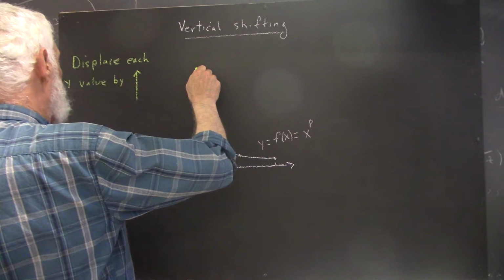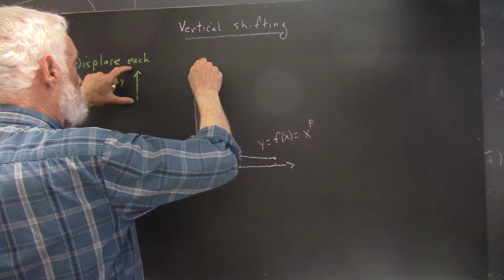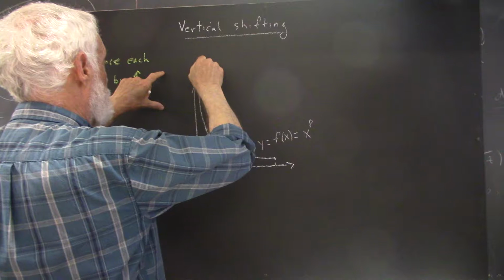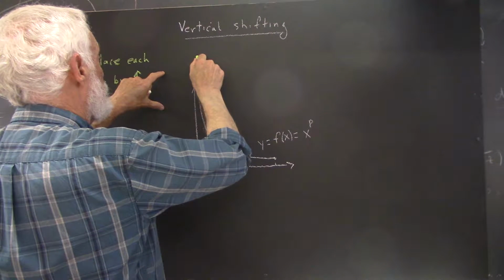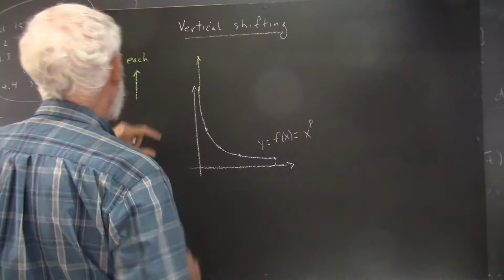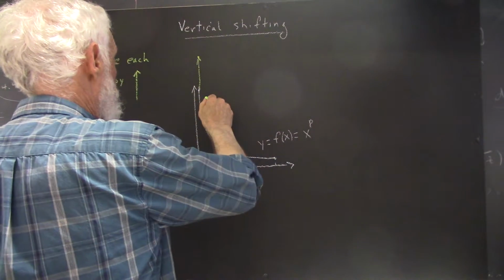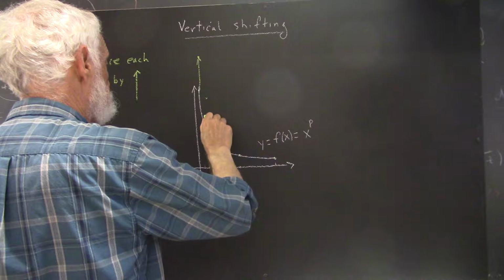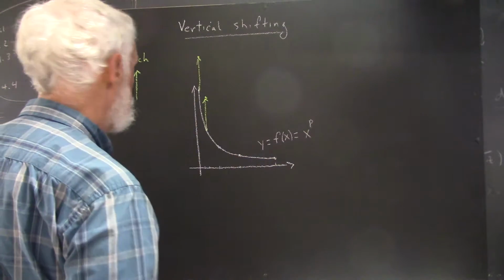So that means I'm going to take the y value here and I'm going to displace it in this direction by this much, which is going to put me here, and I'm going to actually draw that arrow and indicate that new point. And then I'm going to do the same thing here. Okay, and I draw the arrow and indicate the point.